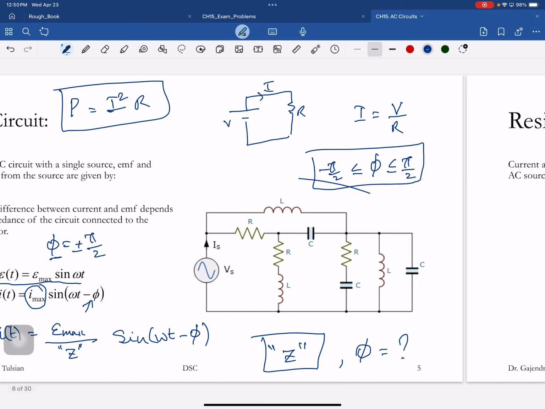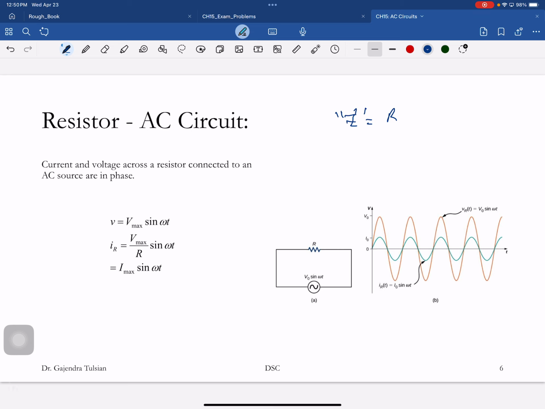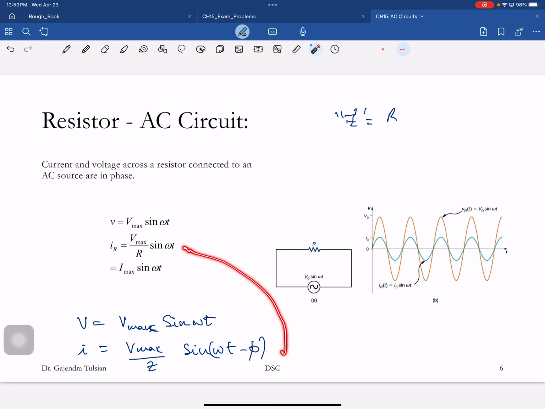So there's the expression. You always compare it to this expression: V max sine omega t, I equal to I max. Okay, so compare this to that, and you can see that phi is 0. Okay? So this fellow is cooking.